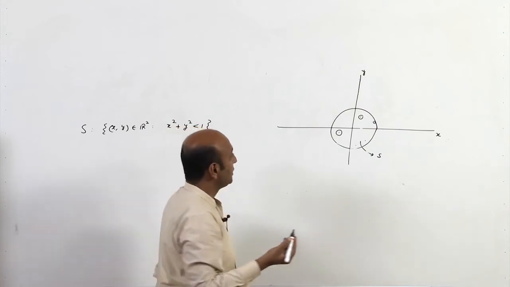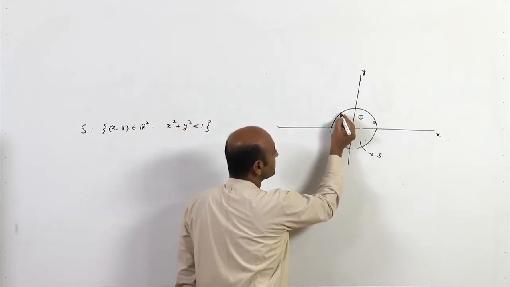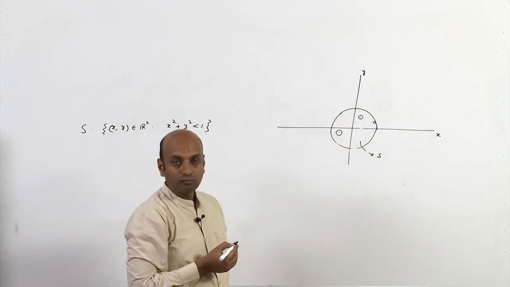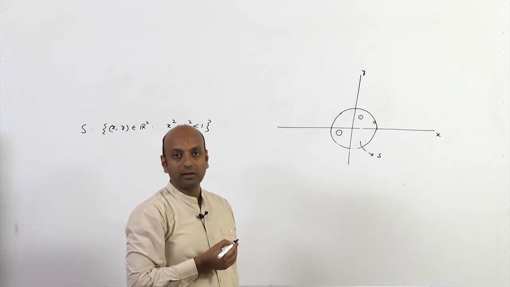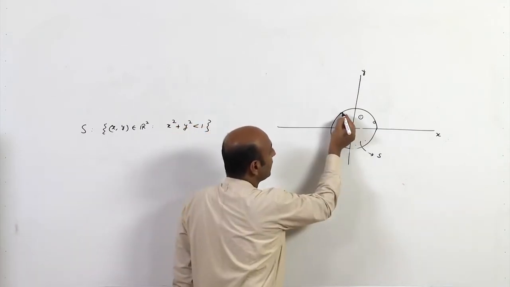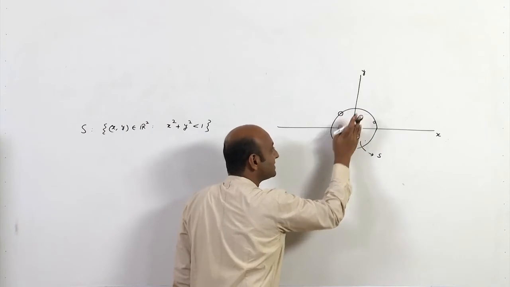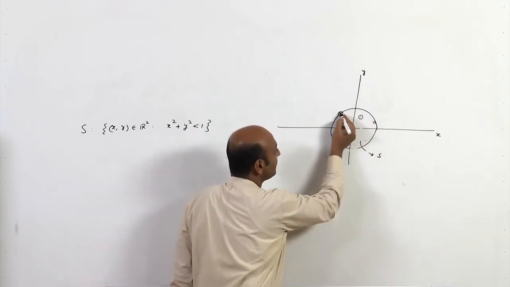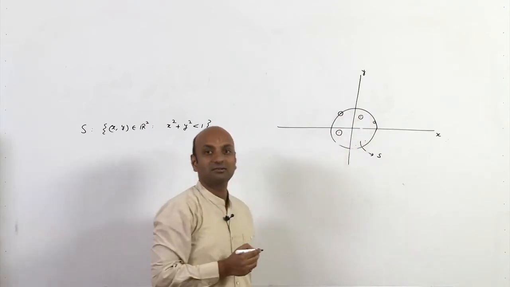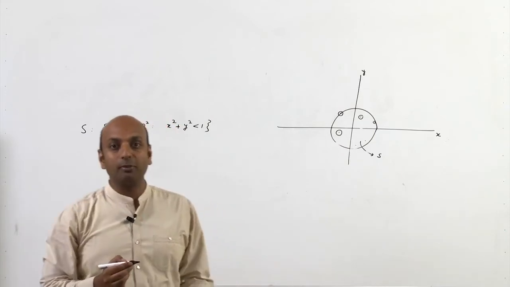Now, if you take a point on the boundary and draw a disk centered at this point, then no matter what radius you take, this disk will never be entirely contained in this region, because there are some points which lie outside this region. So, this point cannot be an interior point.